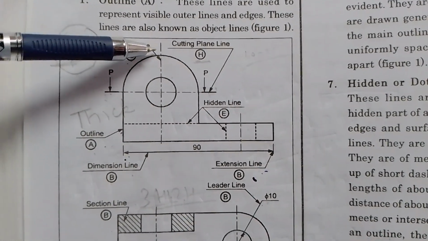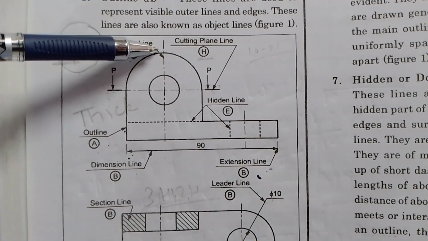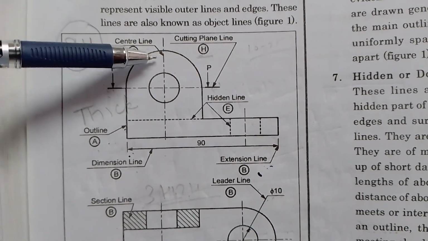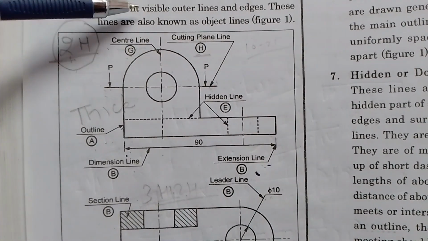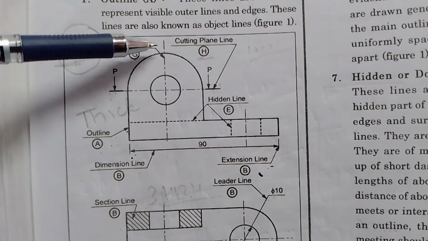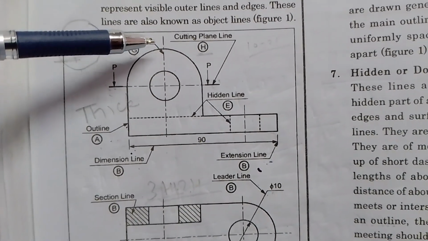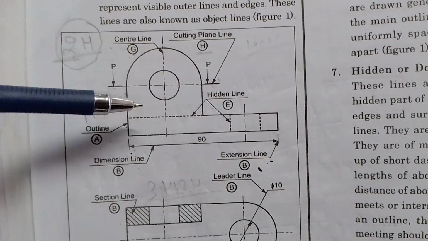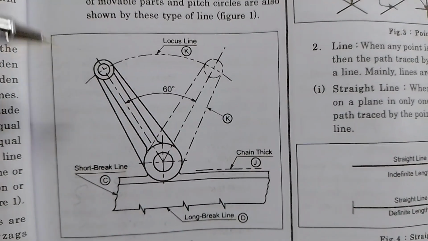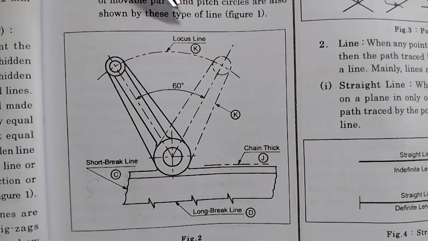Long line 10 to 25 mm long, a gap of 1 mm and 2 mm line. This is according to drawing. In a big drawing, we can draw this line up to 25 mm. So this is our center line.